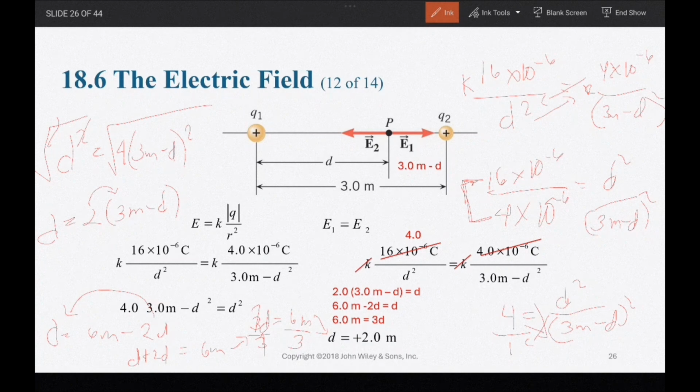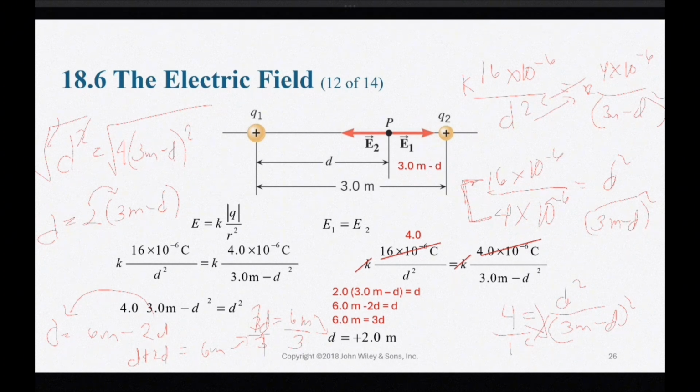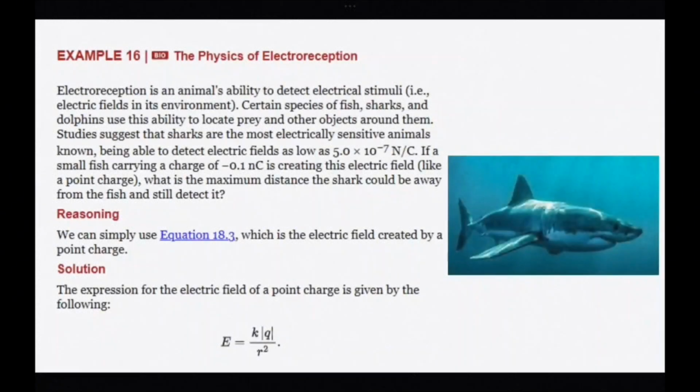Okay? Now, for the last of this problem, we got here electroreception, an animal ability where they can detect an electric field of 5 times 10 to the power of negative 7 Newton per coulomb. Now, every small fish carries a negative 0.1 nanocoulomb in creating the electric field.